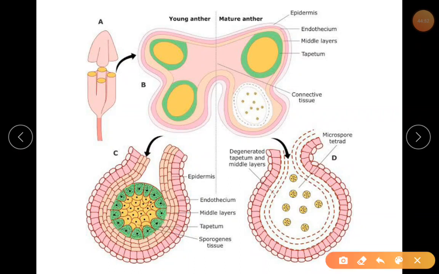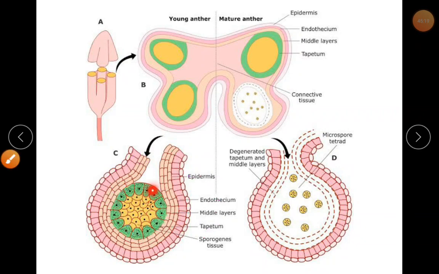What are the 4 layers surrounding the microsporangium? There is epidermis, endothecium, middle layer, tapetum. So please remember the sequence. Outermost is epidermis, next is single layer endothecium, 3 to 4 layers of middle layers, and nutritive tissue tapetum.